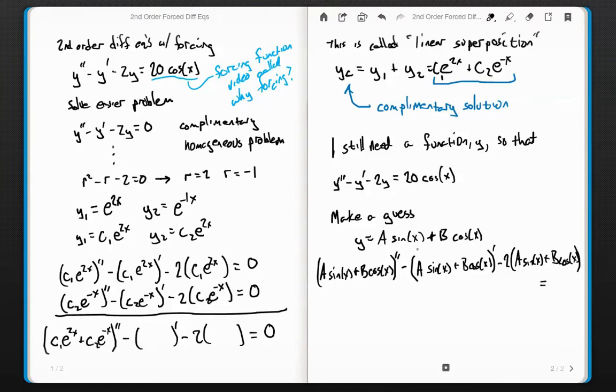I want all this to add up so that it turns out to be 20 cosine of x. Right? That's what I want to happen. But do you agree with me that this is a real pain to write out? I hate to make you sit and listen to me write this out the whole time. So maybe we need some shorthand.